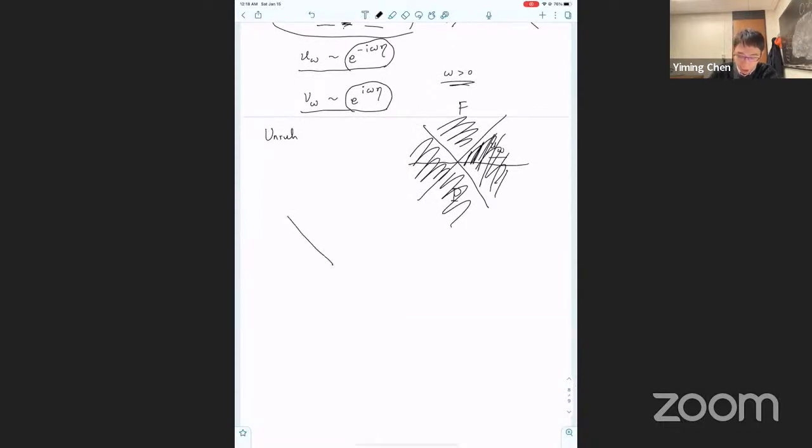So the idea is to start with a function u omega in the right wedge and find the appropriate analytic continuation, such that the function that you get is a purely positive frequency Minkowski mode.